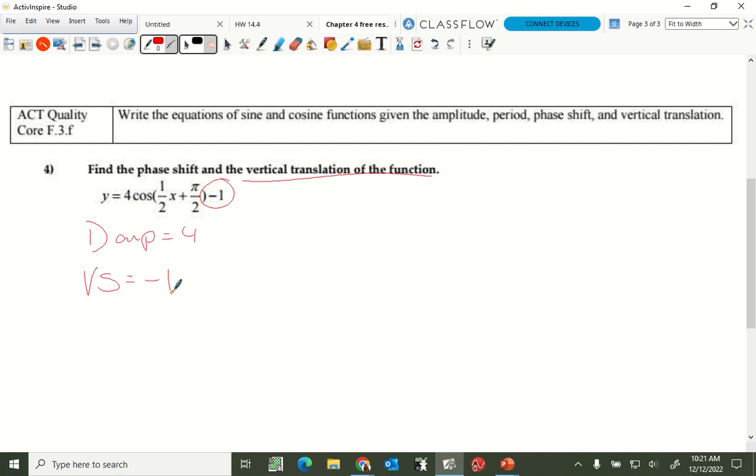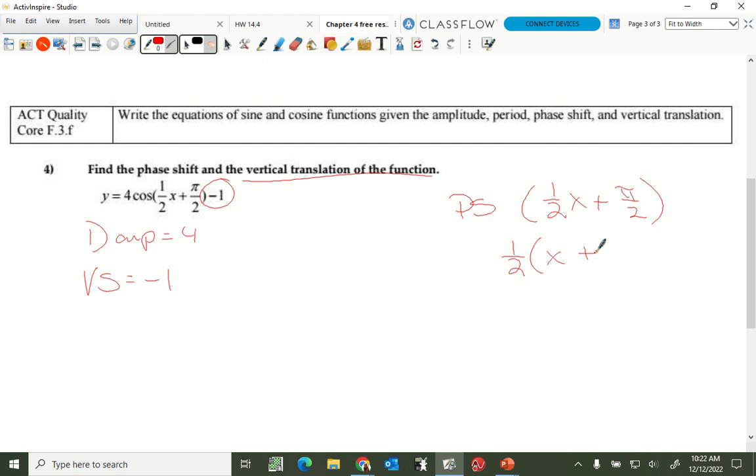So let's do the phase shift again. So my phase shift is 1/2 x plus pi over 2. To get the phase shift, I have to factor out a 1/2 here, right? So it's going to be a 1/2 quantity x plus, and so if I'm dividing by 1/2, isn't that the same as multiplying by the reciprocal, right?